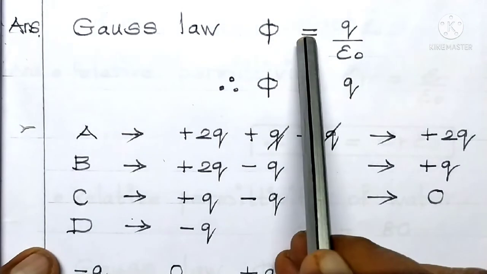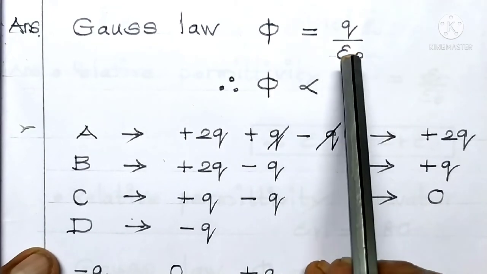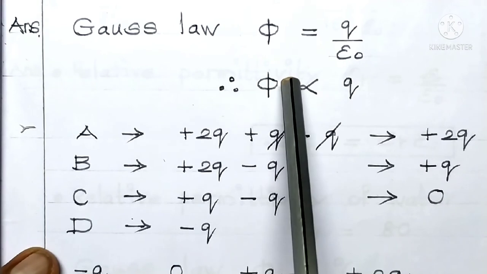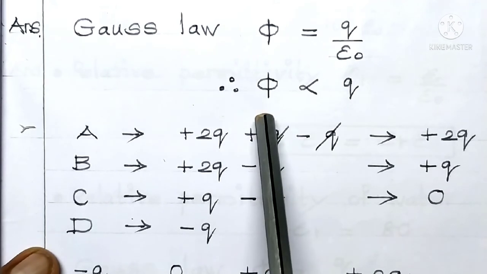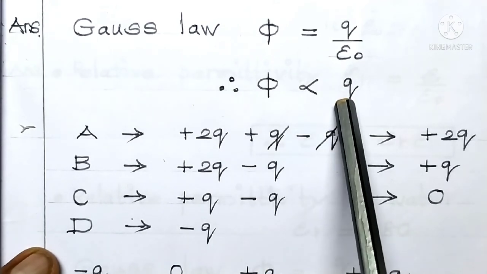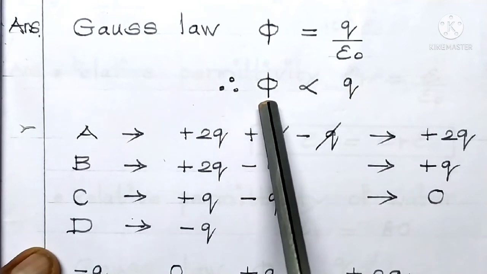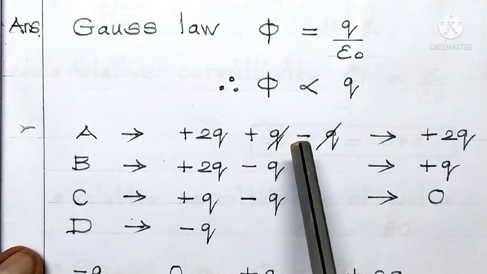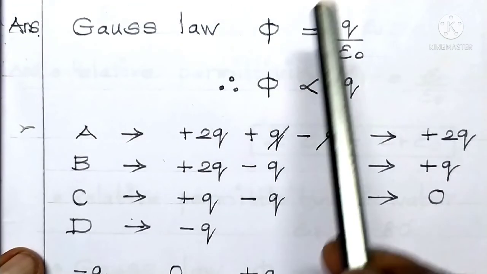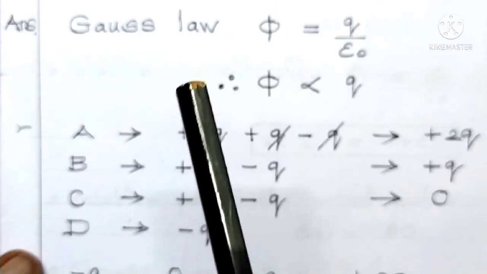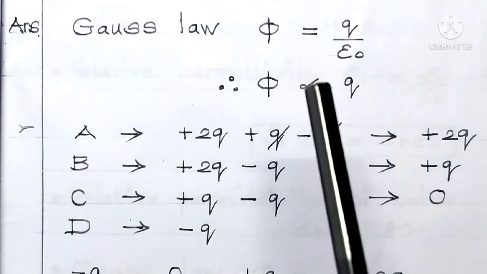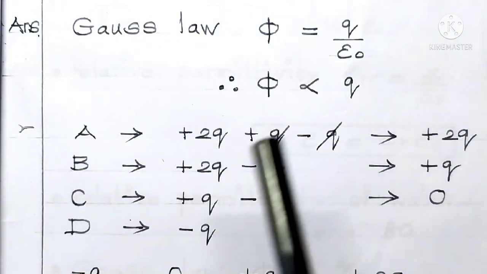So, taking the constant aside, the electric flux phi depends only on the charge Q. So, phi is directly proportional to Q. Here only charges are given. First, let us find the magnitude of charges, which is directly proportional to the electric flux.